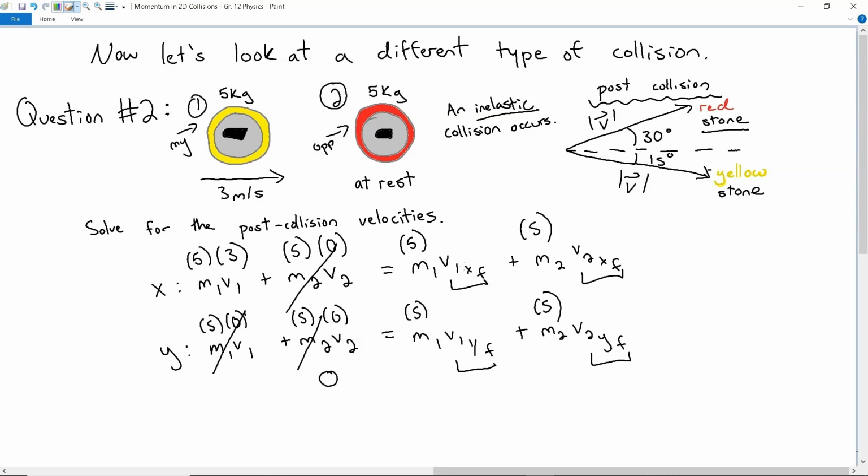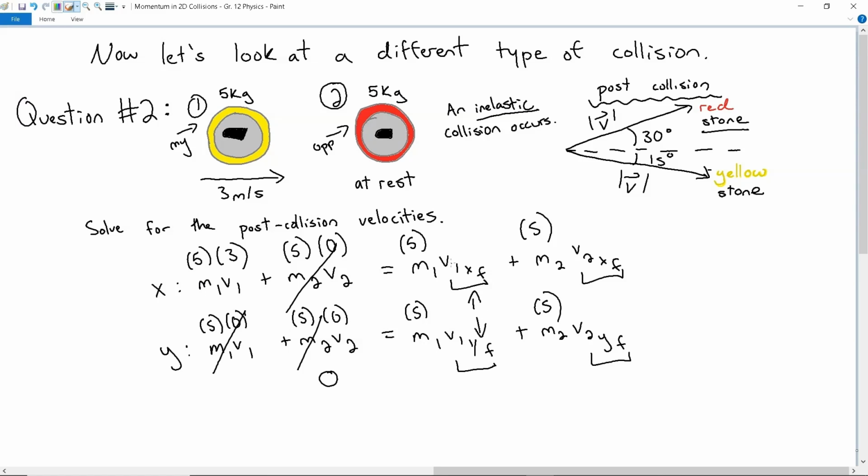Now, the trick for this kind of question is we're going to want to isolate for one variable in one of our equations and plug it in to the other one, and that way we can solve for one of our variables. However, you may notice that the variables between these two equations are not identical.